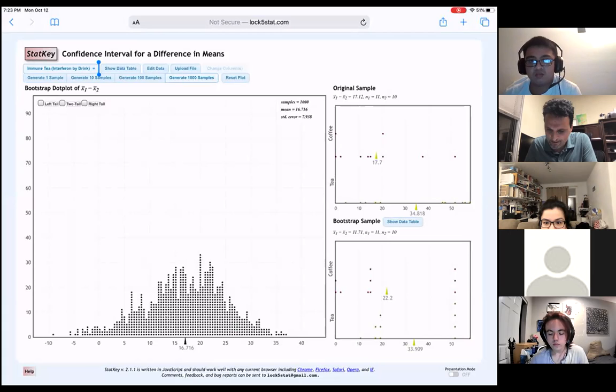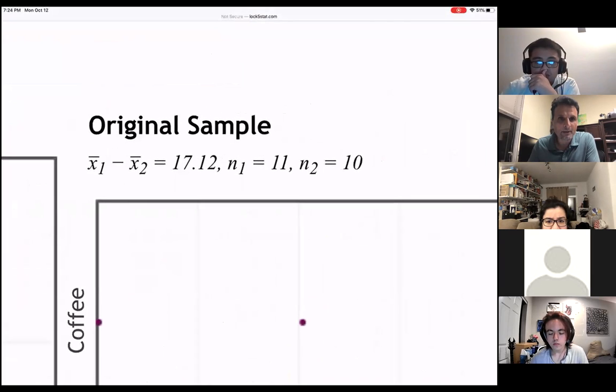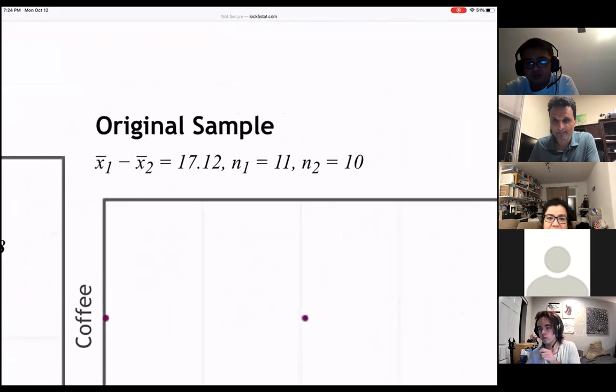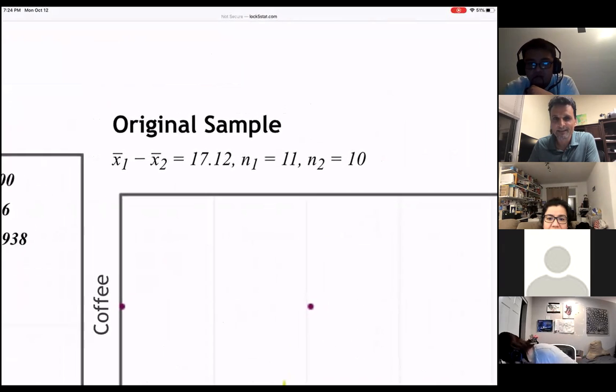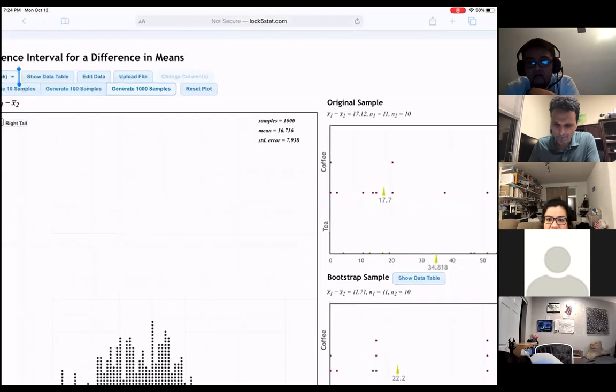So original sample at the top. Here, we have x1 minus x2, which is 17.12. That's going to be the original sample. That's what they ask. They didn't ask us to create anything.